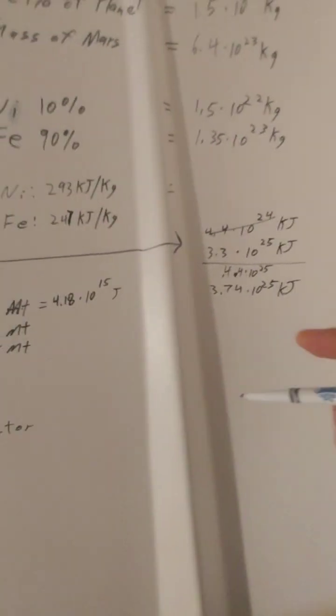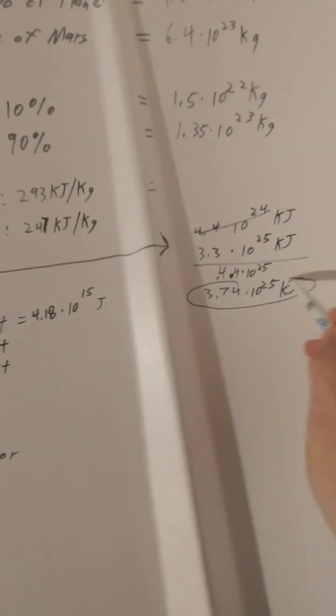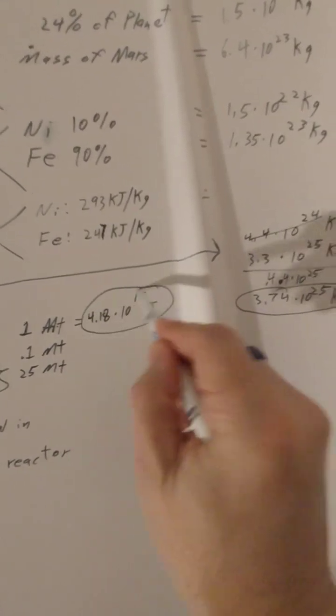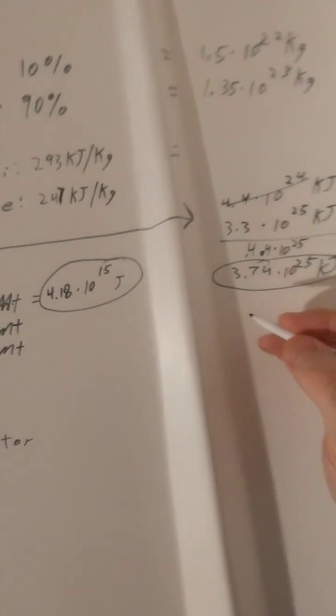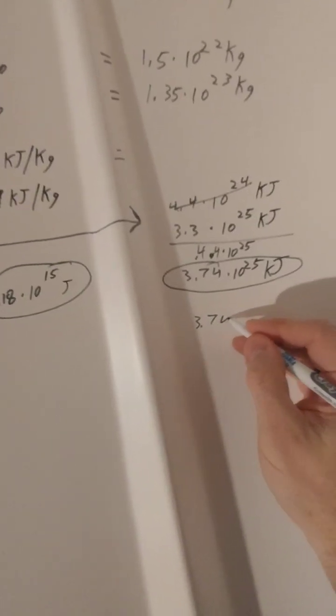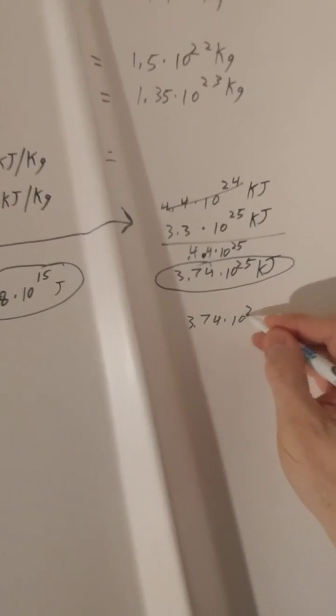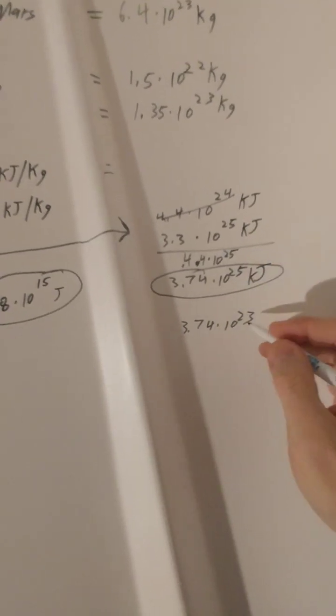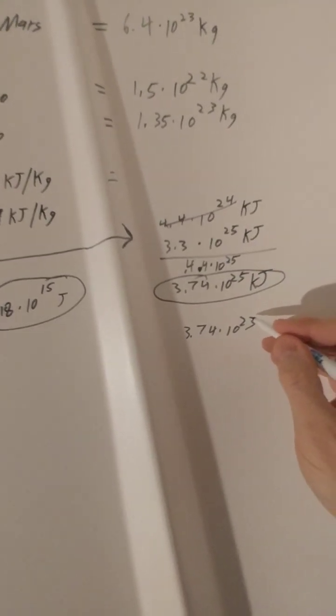So now we just need to do a little bit of math, basically dividing this number by that number, and we'll know what we need in megatons. 3.74 times 10 to the 23rd. Oops, this is kilojoules, and I wrote 23 when I meant 25.